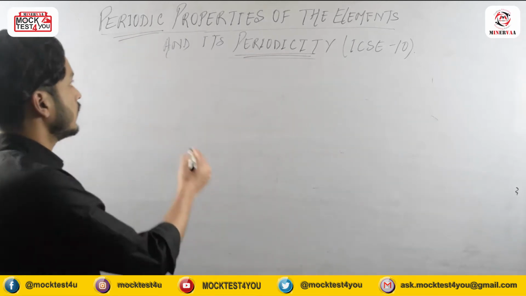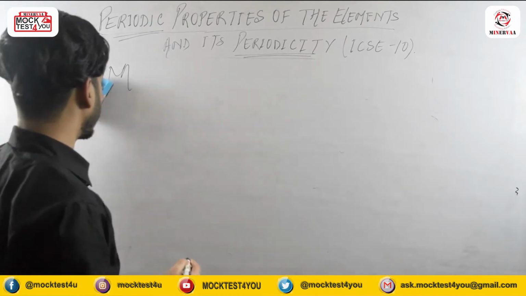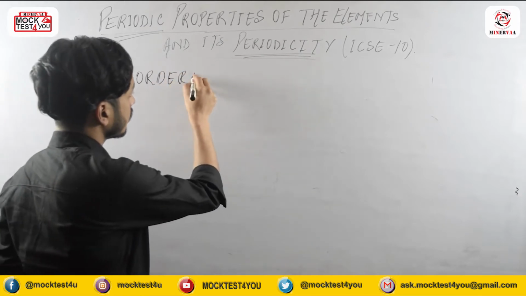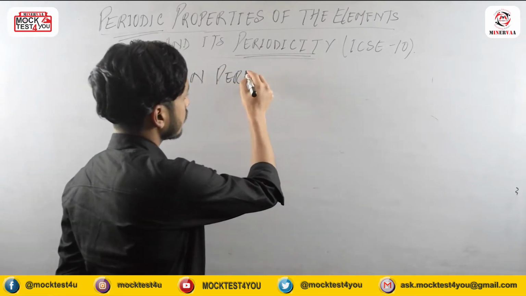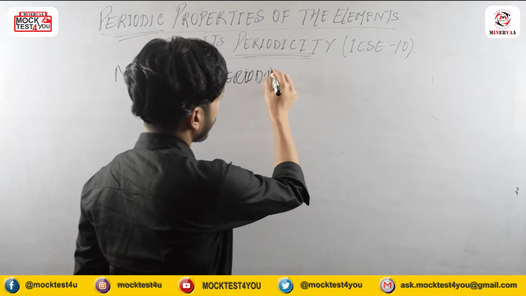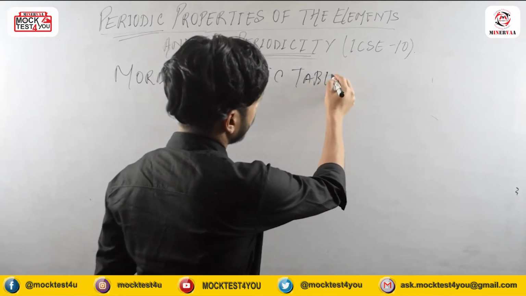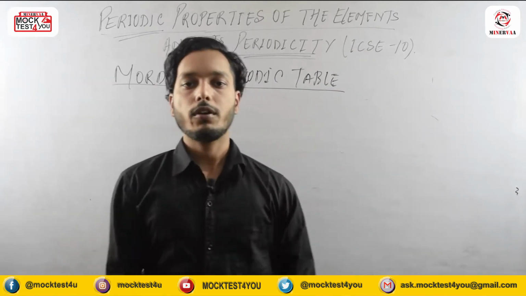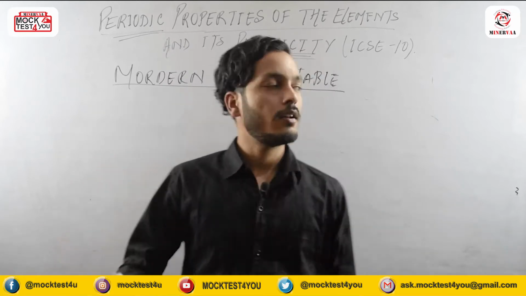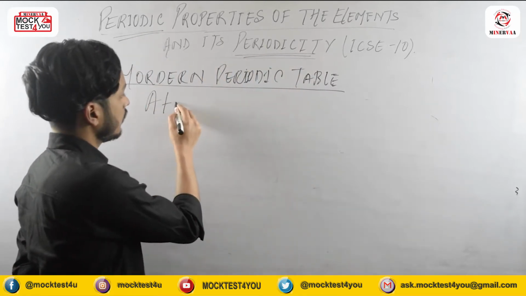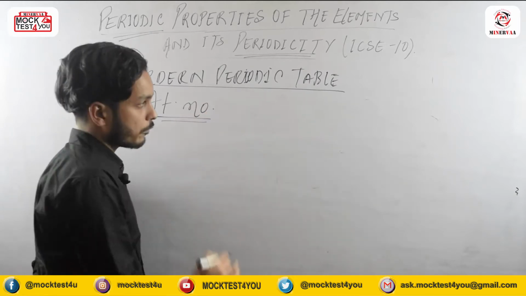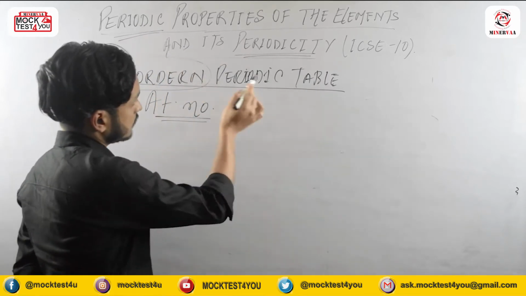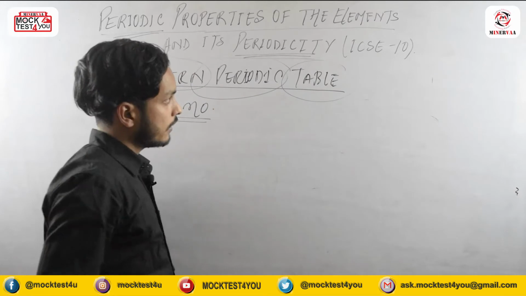Now we will see the modern periodic table, or long form of the periodic table, which we are now using. The modern periodic table is based on atomic number, right?